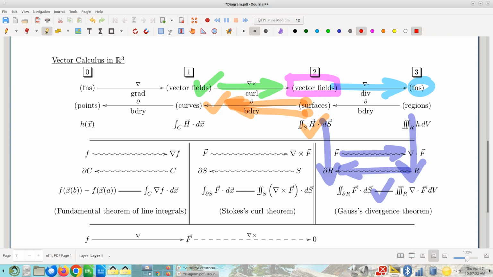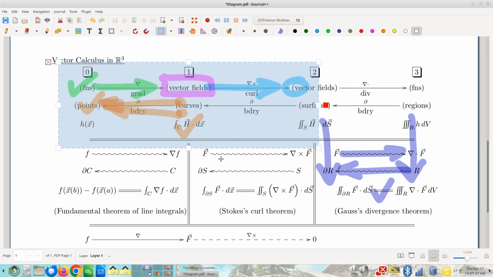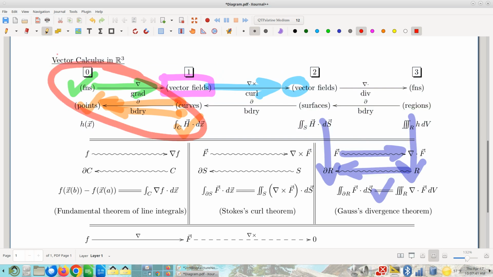In path independence, we connected being a gradient to being path independent by using the fundamental theorem of line integrals.